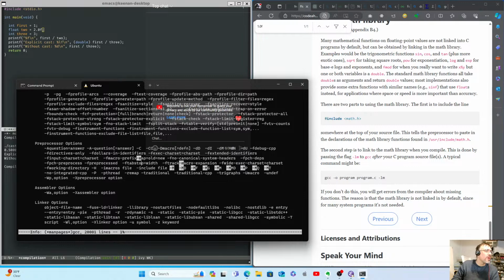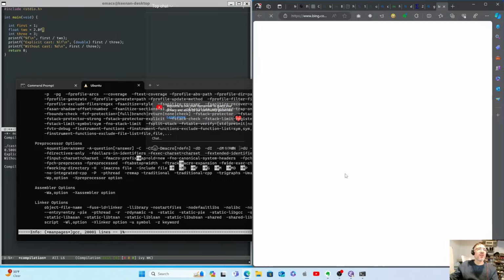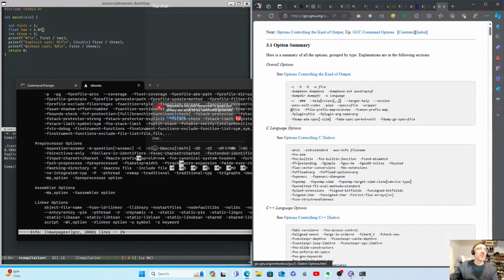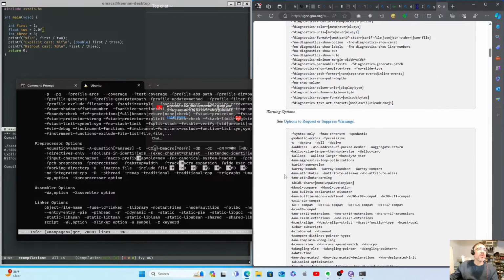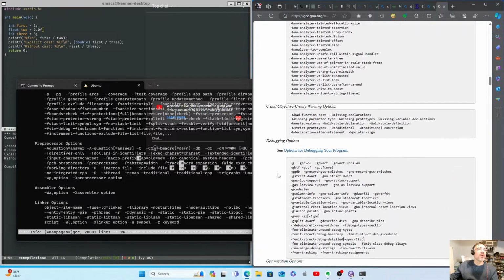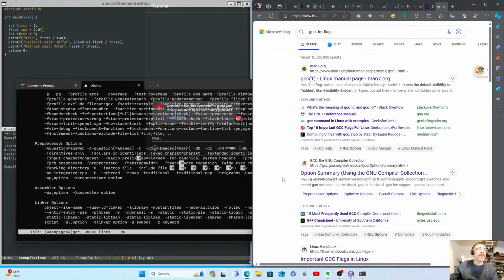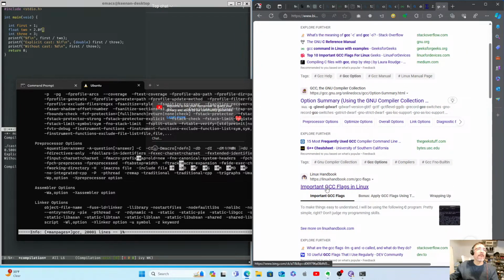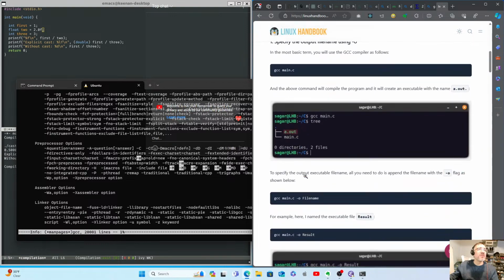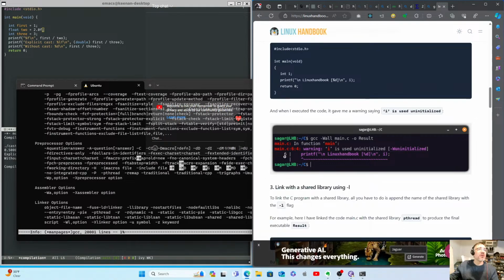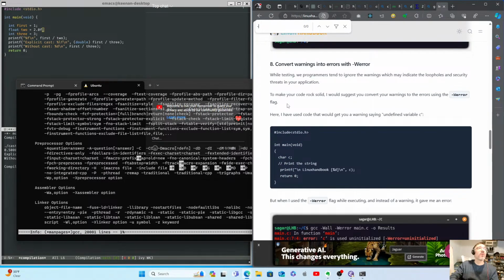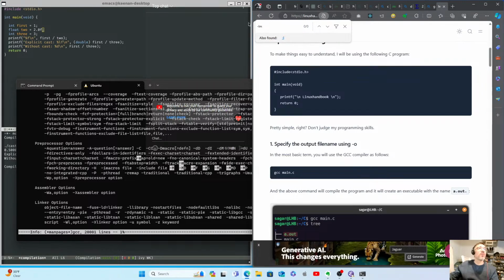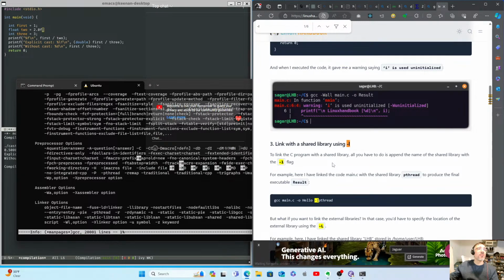Hey, chat, do you know what minus m means? Yeah, option. Or in GCC flags. No. Link with shared library.